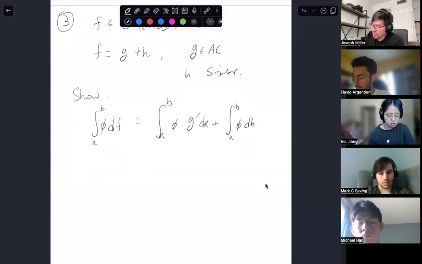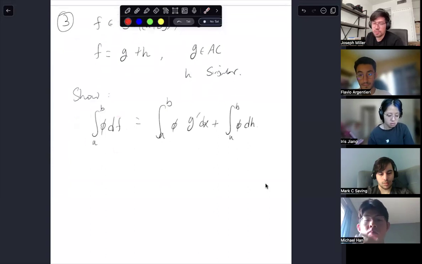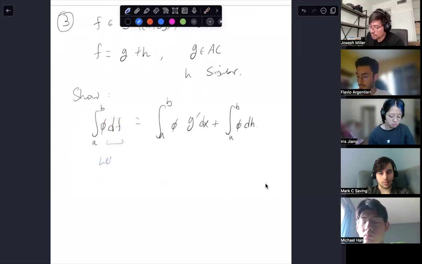When I write these, I haven't talked about this much because it doesn't appear so often on the exams. This is what's called the Lebesgue-Stieltjes integral.